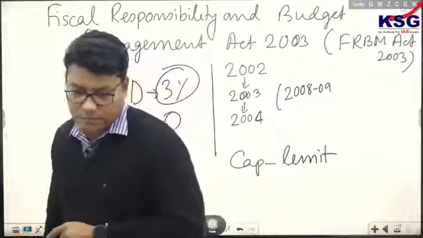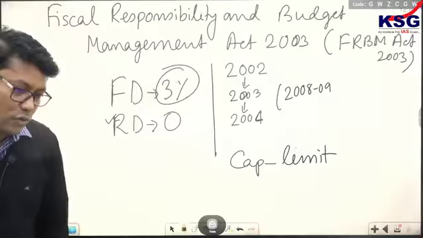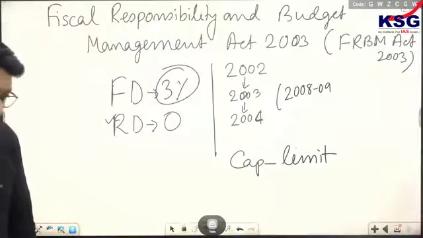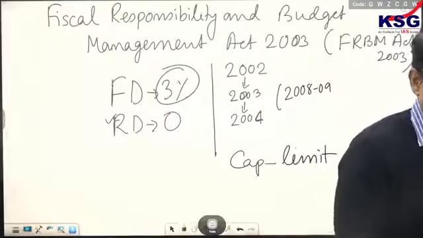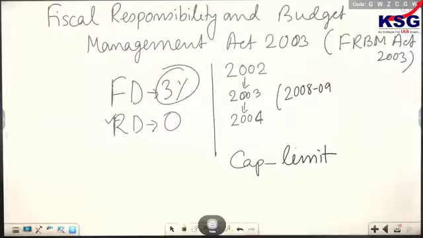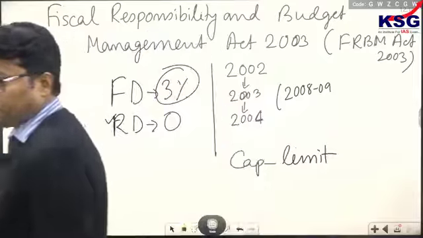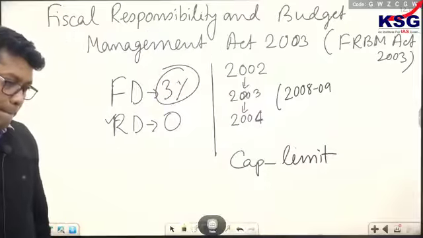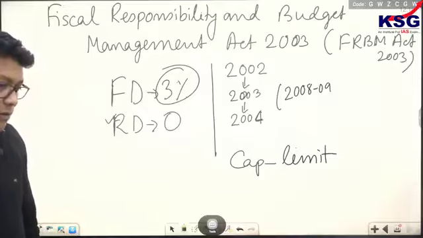Just write here. On a quarterly basis, the government has to report to both the houses of Parliament an assessment of trends.